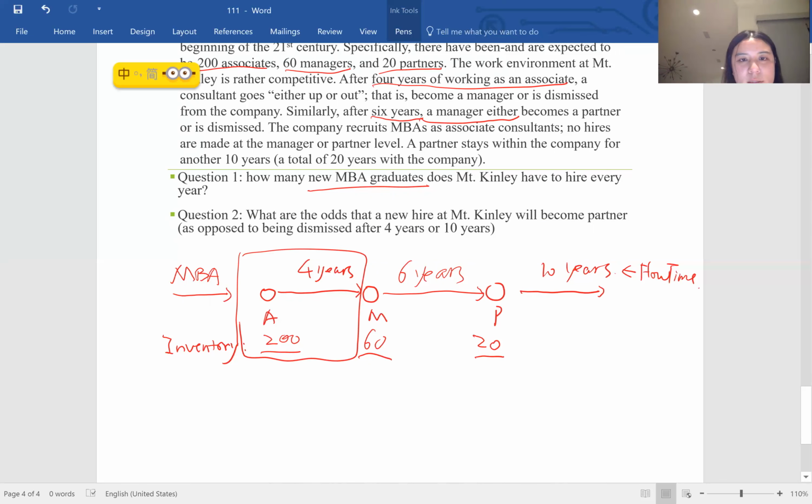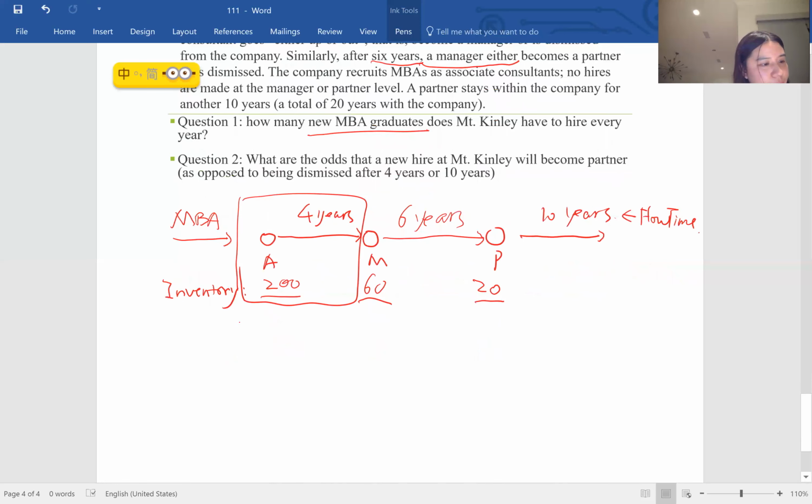So how to calculate the first question? Flow rate equals inventory divided by the flow time, which is 200 divided by 4, which is 50.